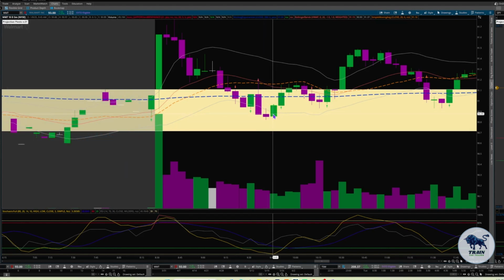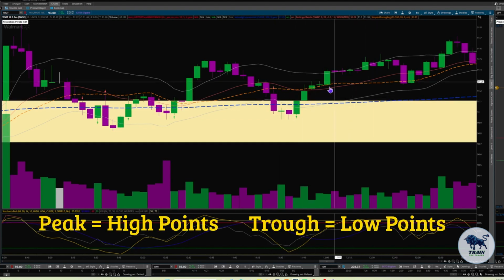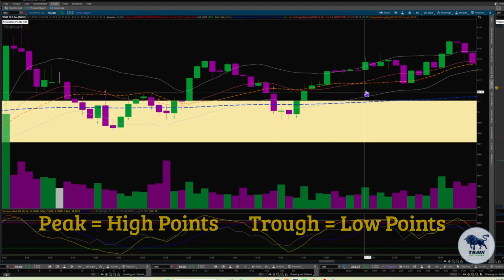And then you get buying pressure step in, next candle, breaks that high, and we're off to the races again. So that's how you can use these wicks. Pay attention to wicks at peaks and troughs. So at highs would be the peaks, and the lows would be the troughs. That's where you really want to pay attention to those wicks.